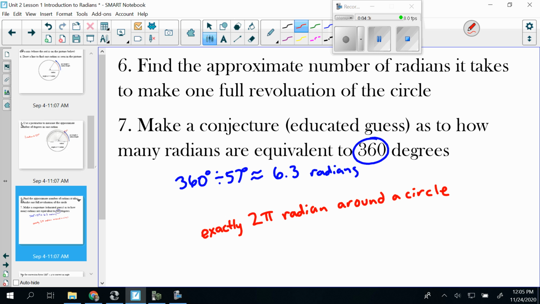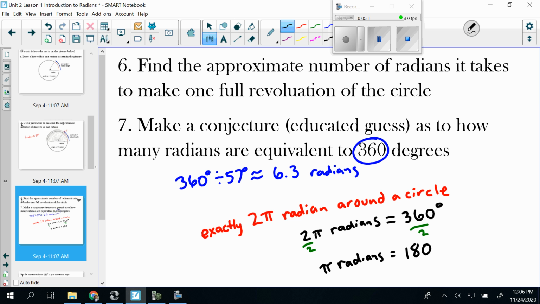A conclusion we can make is that 2 pi radians is exactly equal to 360 degrees. So that is a known fact. 2 pi radians is equal to 360 degrees. That also tells us, doing a little math, if we divide both sides of this equation by 2, that another equivalency is that pi radians is equal to 360 divided by 2, which is 180.